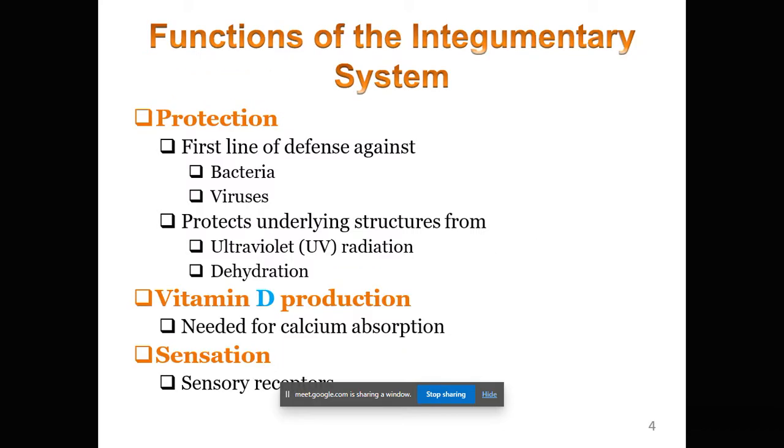The functions played by the integumentary system include, first, protecting the inner organs from external threats. It acts as a first line of defense against bacteria and viruses.